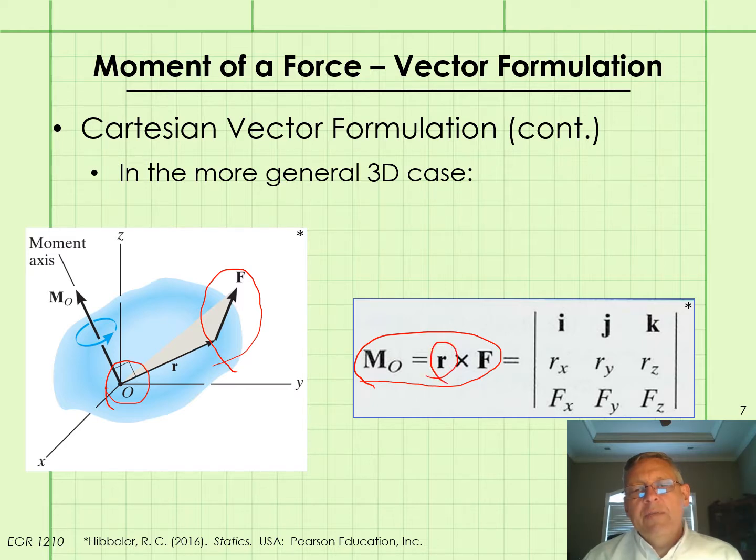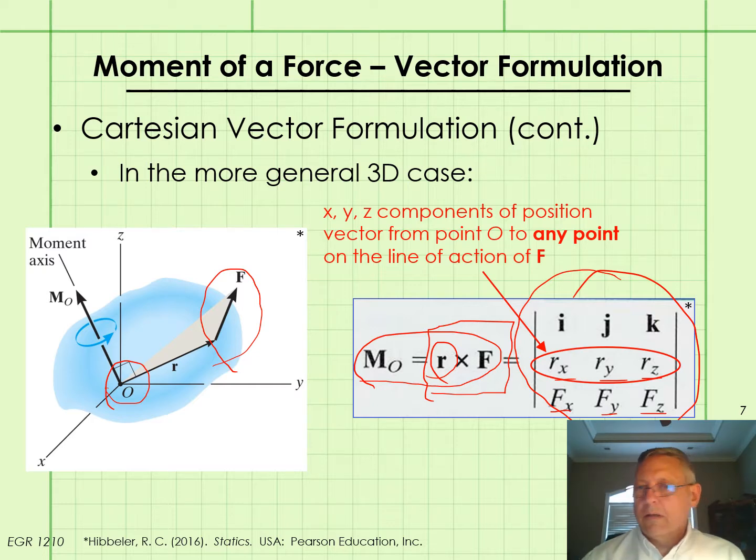Again, where R is any position vector from O to the line of action of F. And we can write this cross product in its determinant form, where R sub x, R sub y, R sub z are the magnitudes of the i, j, and k components of R, and F sub x, F sub y, and F sub z are the i, j, and k components of F.